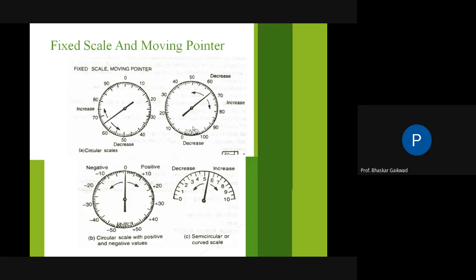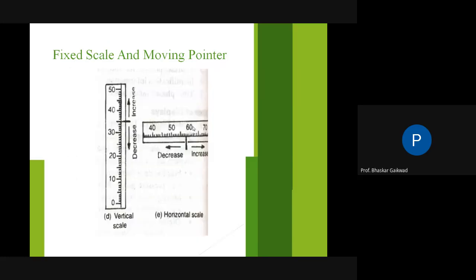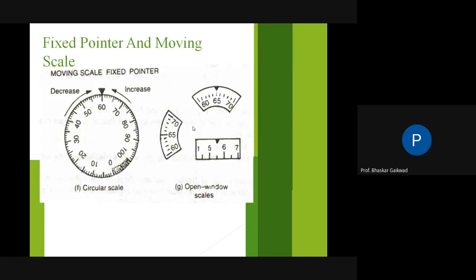This is an example of fixed scale and moving pointer. Then fixed pointer and movable scale is there. So your weight machine is an example; if you go on checking your weight, such a type of machine is there.